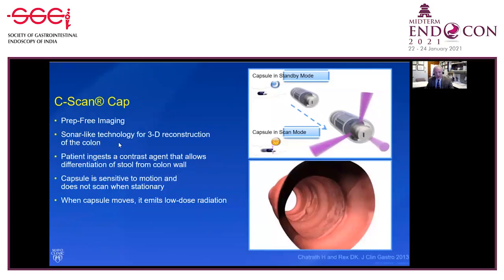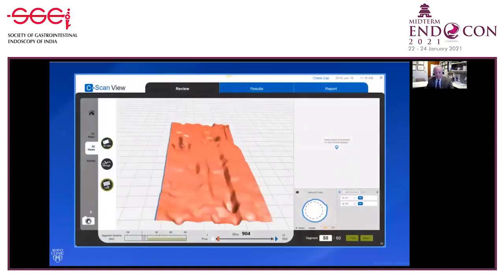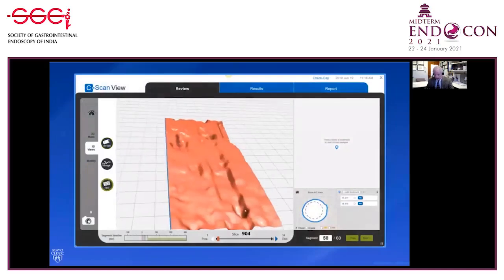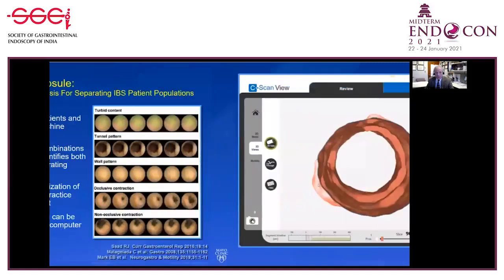And it uses sonar-like technology for 3D reconstruction, as you can see here. And when the capsule moves, it does emit low dose radiation, but it is extremely low dose. And this shows you what the reading platform might look like. And so this, again, is also very exciting technology that I wanted to mention.